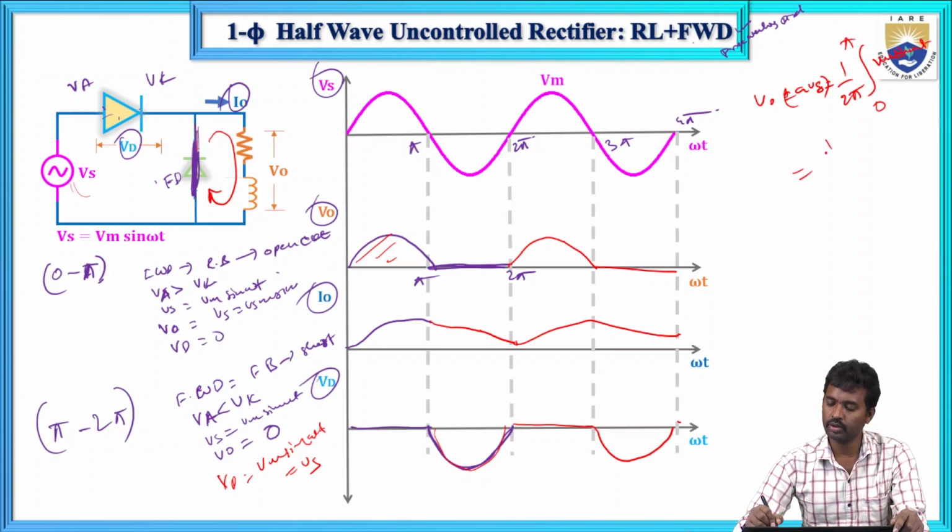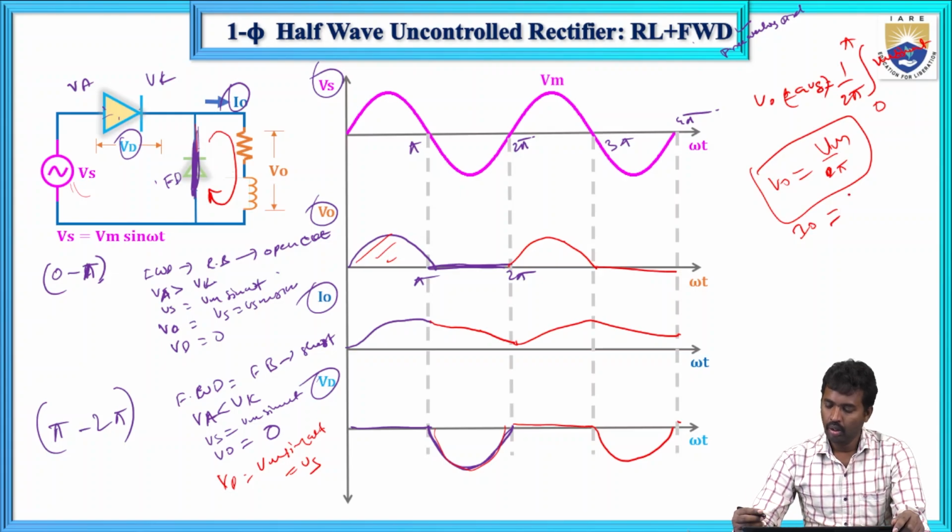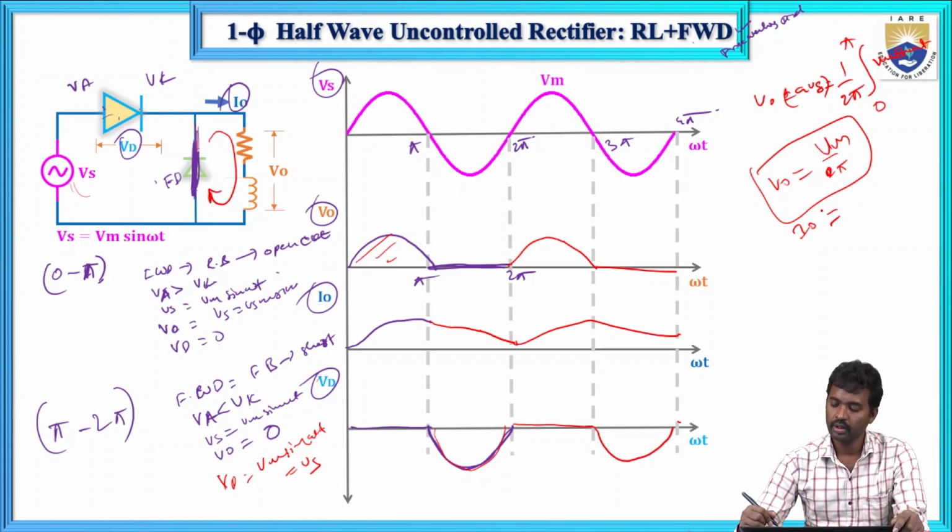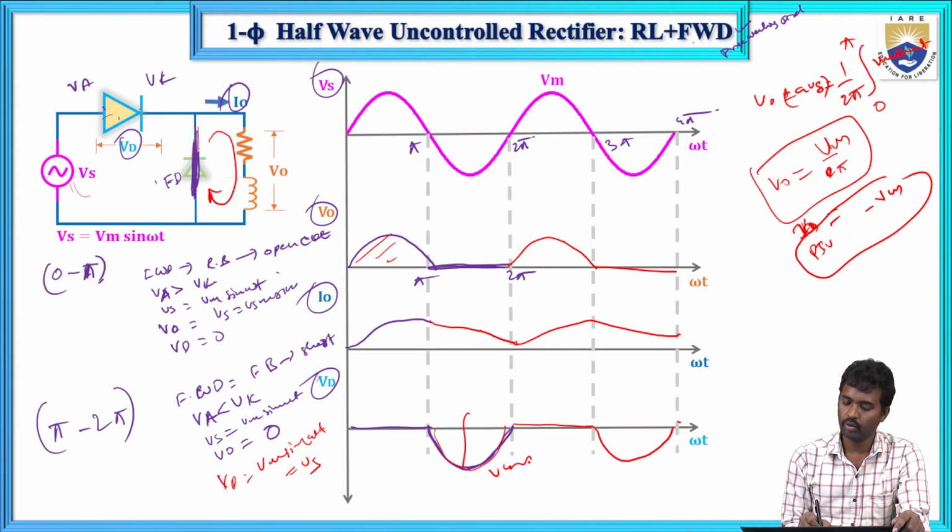If you simplify this, V naught equals Vm by pi only. And what about the diode voltage? Vd peak inverse voltage equals minus Vm only.